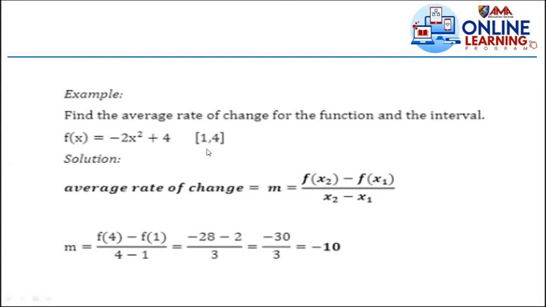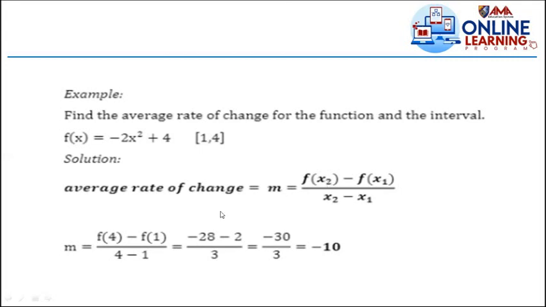We're going to look at the given 1 and 4. Usually, when we see something like that, it represents x and y coordinates. But here, it is not x and y. Your 1 represents your x1. The 4 represents your x2. Okay? So we're going to have that.